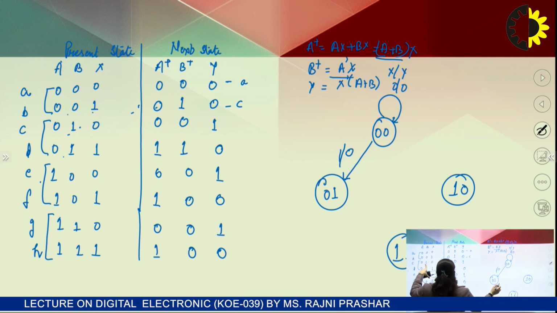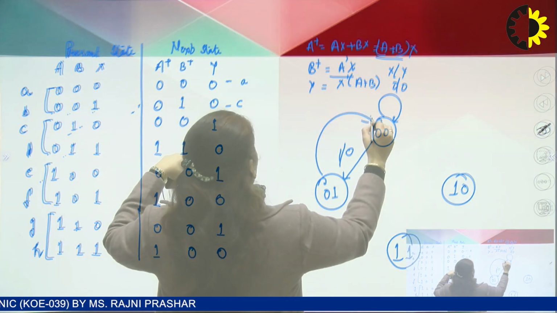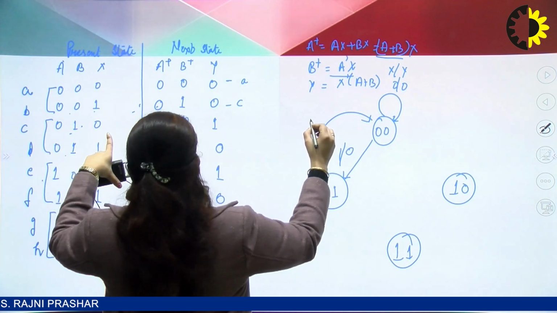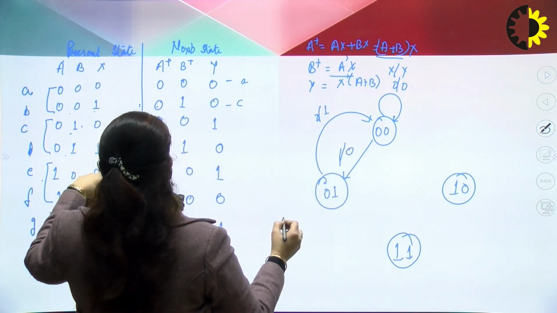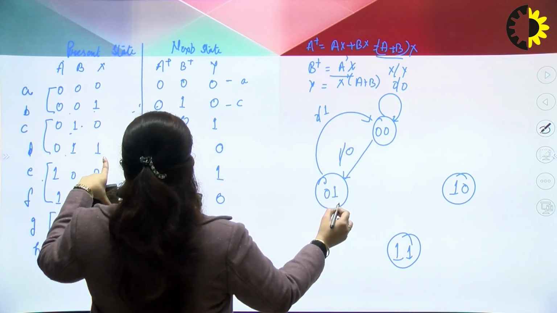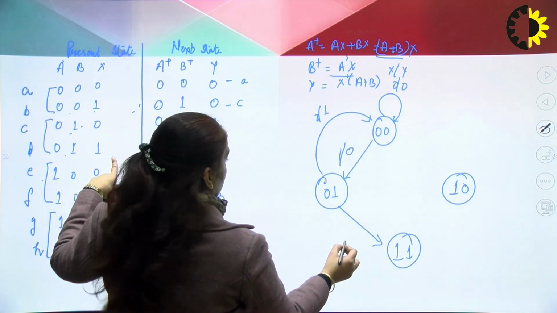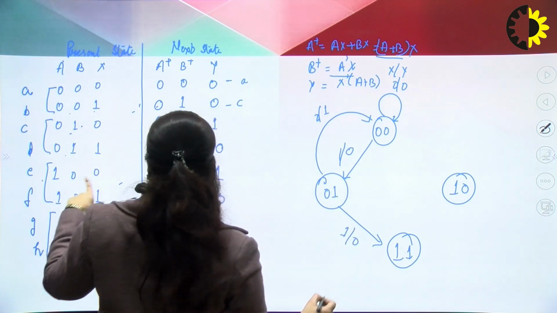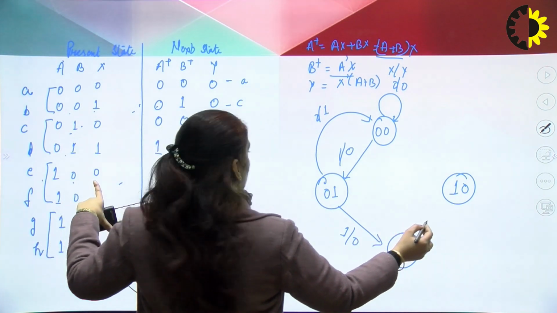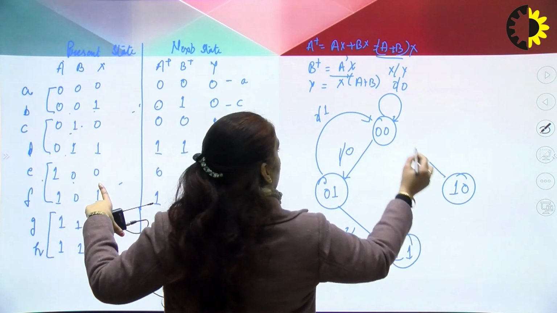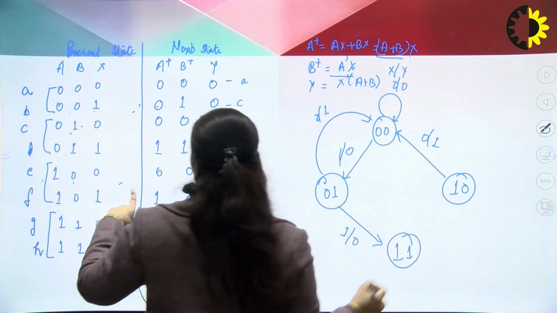Then from 0, 1, it will again go back to 0, 0. The values are 0, 1. From 0, 1, it will go to the 1, 1 state. The values are 1, 0. From 1, 0, it will go to the 0 state and the values are 0, 1.